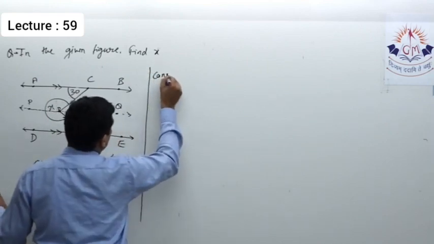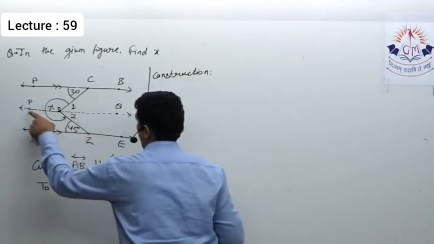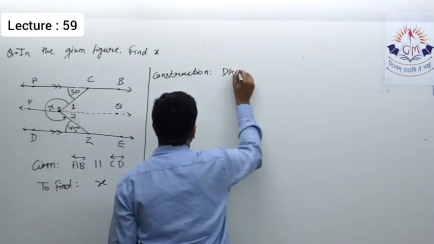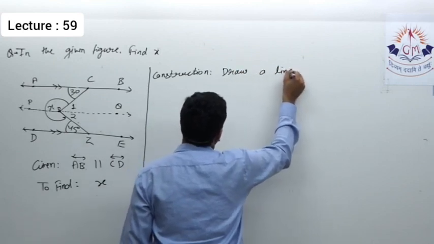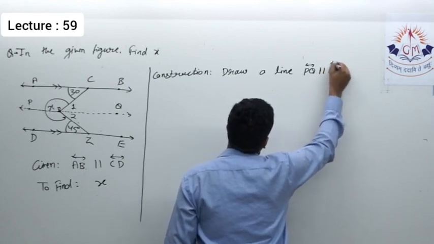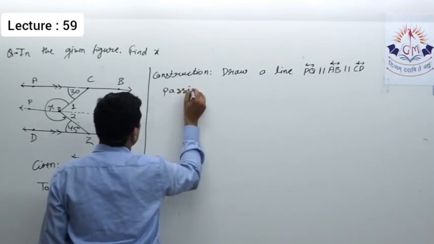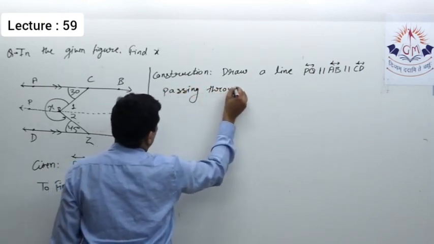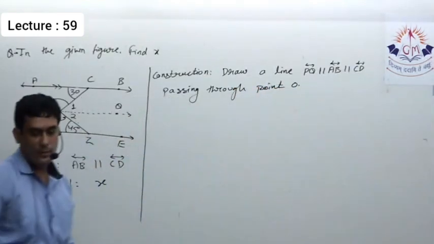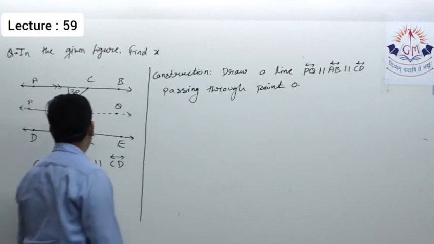I'm drawing a line PQ parallel to AB, passing through O. So draw a line PQ parallel to AB and CD passing through point O.